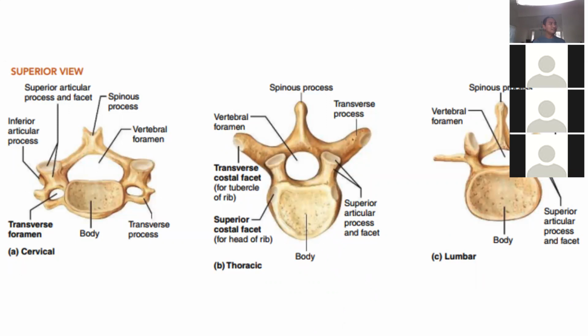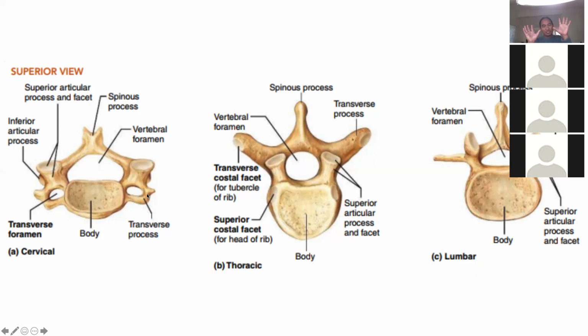And the rest of the cervical vertebral bodies are going to be like this. Like other vertebrae, they have the body, the pedicle and the lamina, and the transverse process. Not exactly the same, but pretty similar.